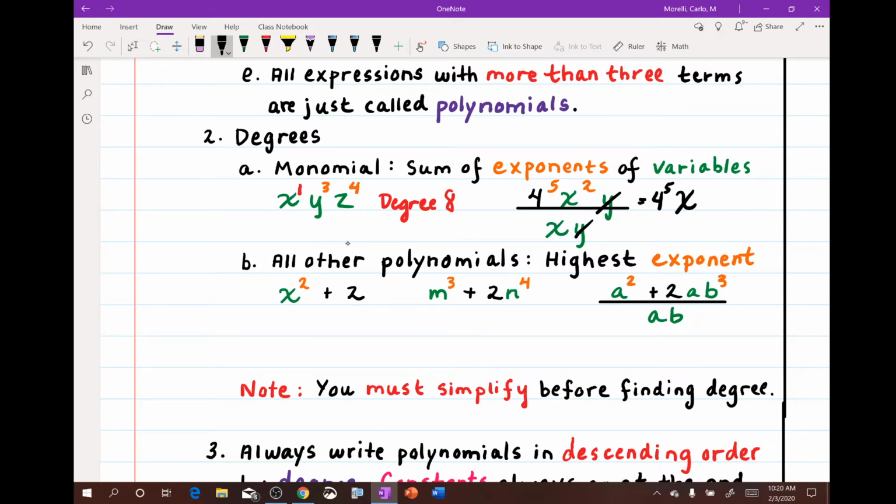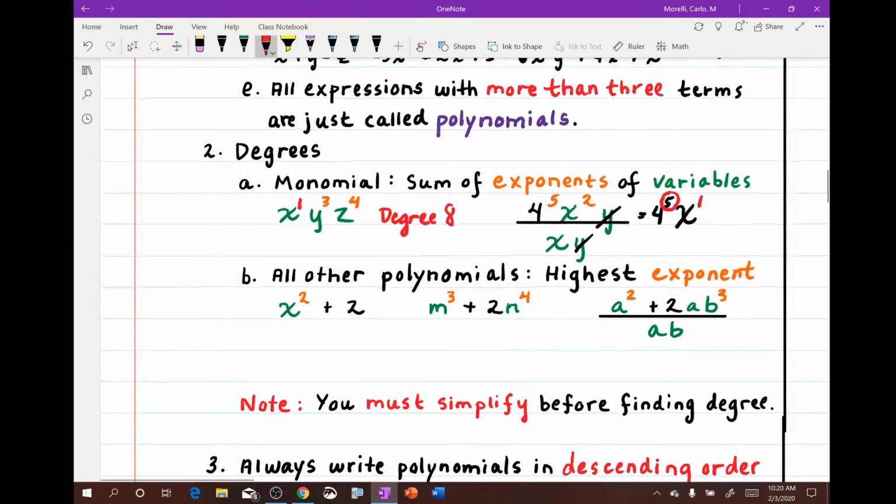So now what's the degree of this monomial, Emma? Don't add, we don't care about this guy, because that exponent goes with the number.